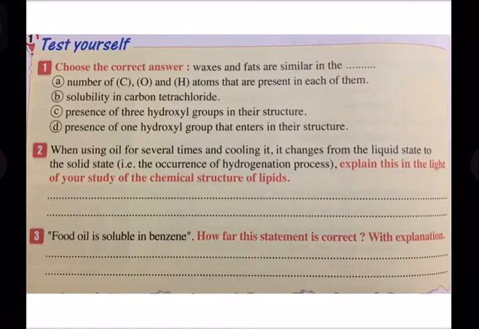Number 2: using oil for several times and cooling it changes from the liquid state to solid state, the occurrence of hydrogenation process.